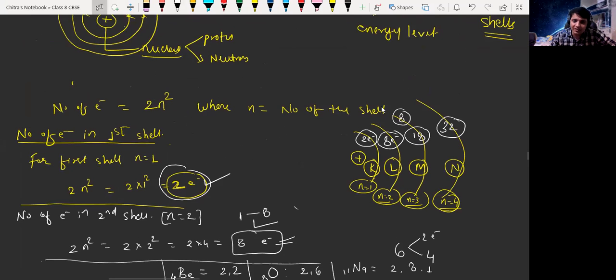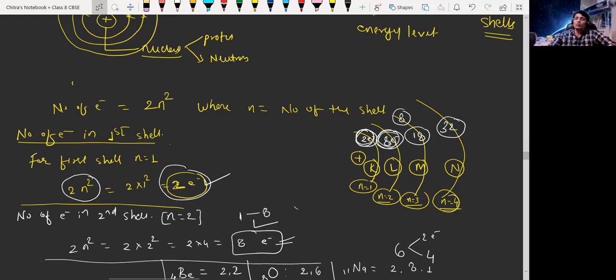We have written it over here. In the second shell, not more than 8 electrons. We already went through that formula.